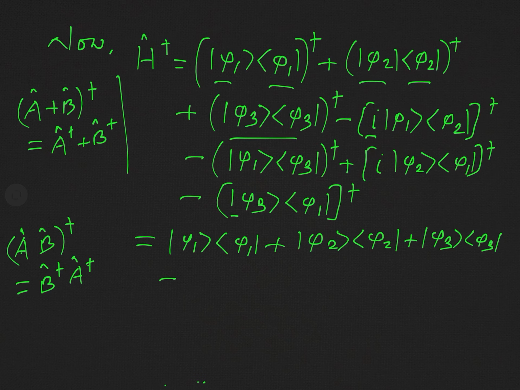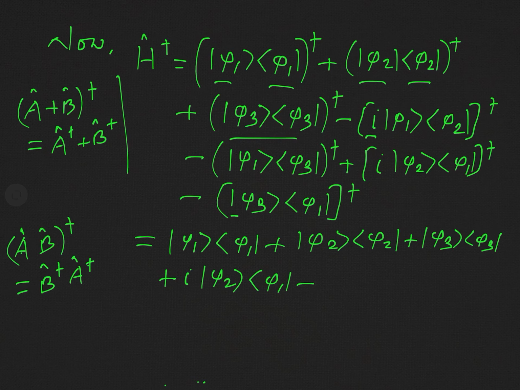Now here I is a constant term, and we have learnt that when there is a constant factor we should take its conjugate. So the conjugate of I will be minus I, and so here it will be plus, and Bra is replaced by Ket and Ket is replaced by Bra. So there will be I Ket phi 2 times Bra phi 1. We are just following the rules.